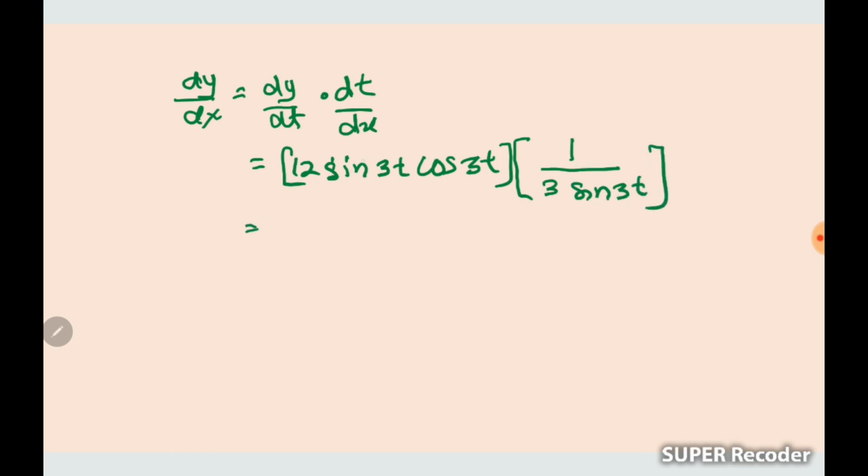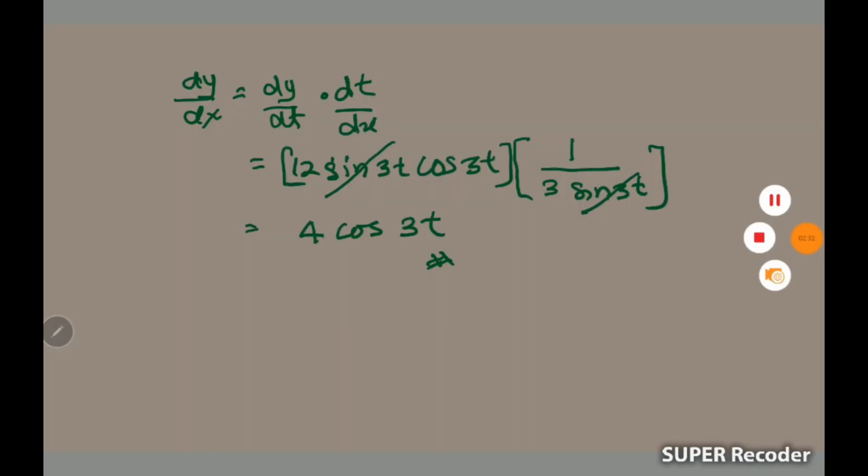We simplify by cancelling sin 3t. 12 over 3 is 4, so the answer is 4 cos 3t. Okay, thank you.